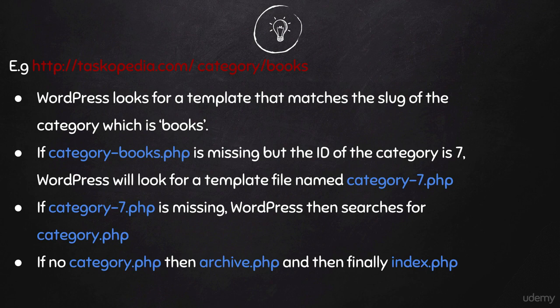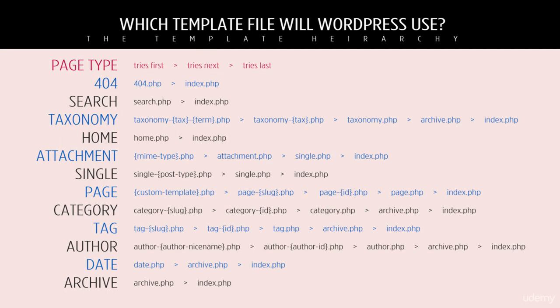Don't worry, in the very next video I'm going to show you a real life example so that you will understand this better. But I want to show you this image right here to give you an idea of the template hierarchy for all types of pages. Now you can see we have the 404 page. We have search, taxonomy, home, attachment, single page, category, tag, author, date, and archive.